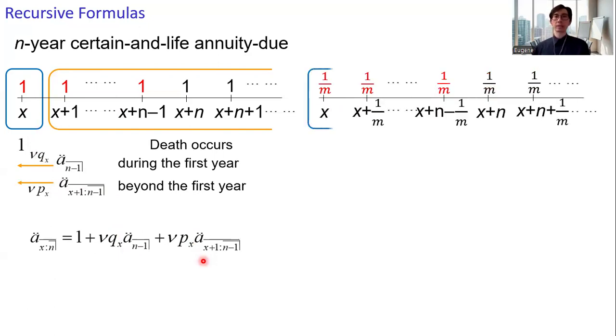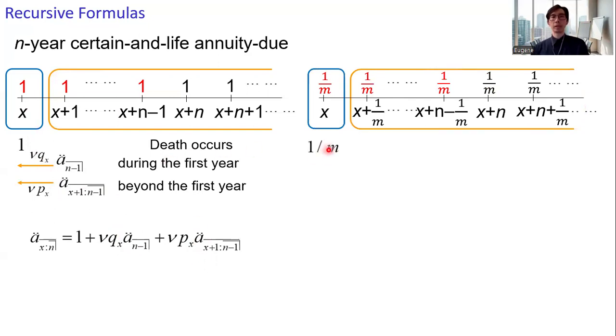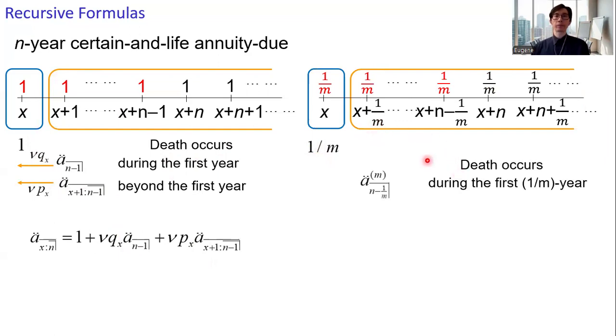Similar for the mth case. The first payment, 1/m, is certain. And then if the individual dies before reaching age x+1/m, the actuarial present value of the remaining benefit is only the payments within the certain period.